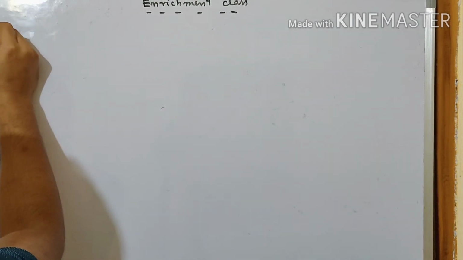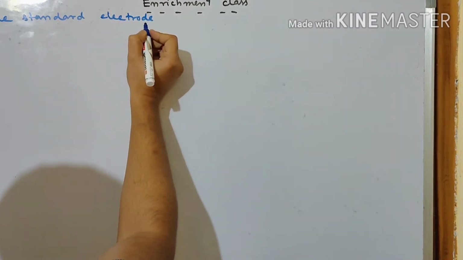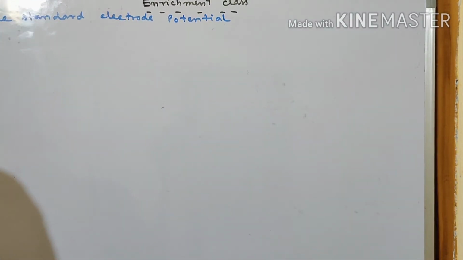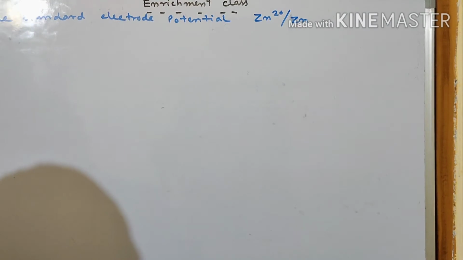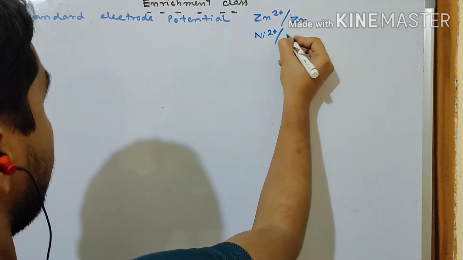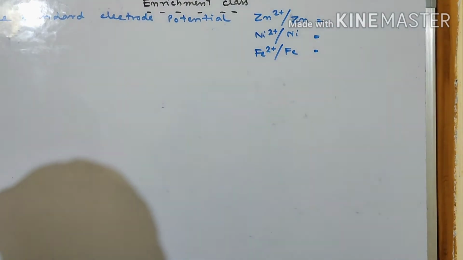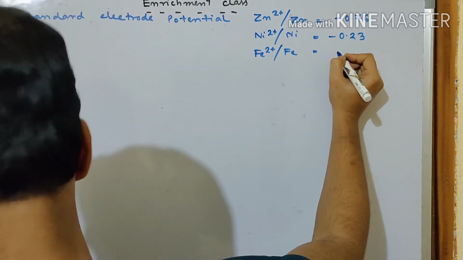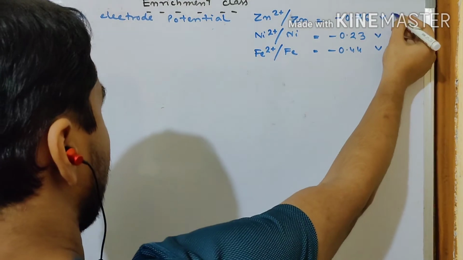The standard electrode potential of hydrogen half cell, standard reduction potential for Zn2+/Zn, Ni2+/Ni and Fe2+/Fe is equal to minus 0.76, minus 0.23, and this one is minus 0.44 volt respectively. So these three values are given.